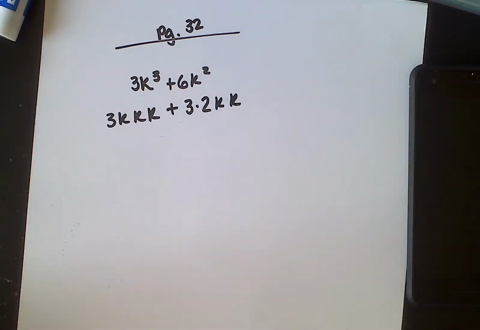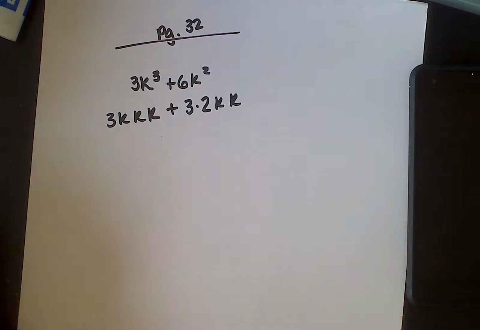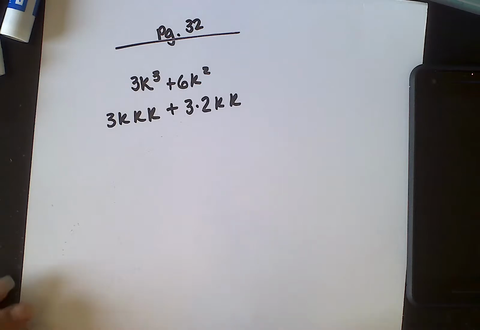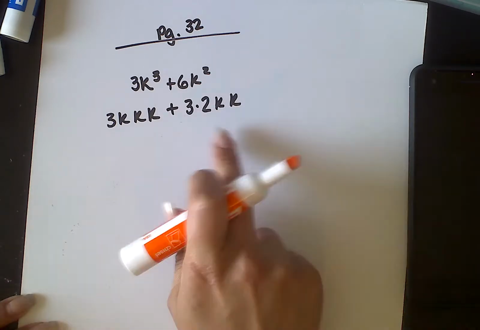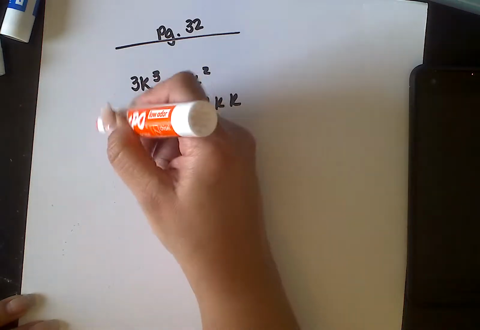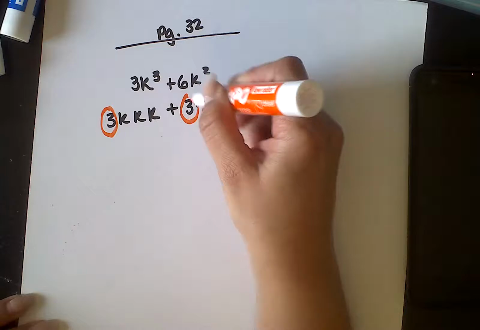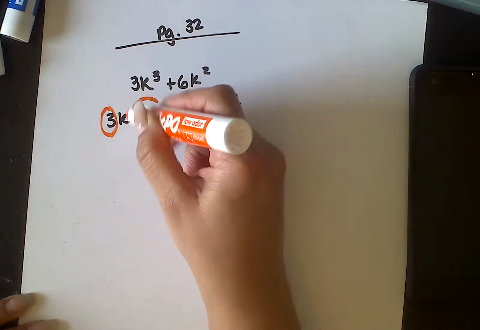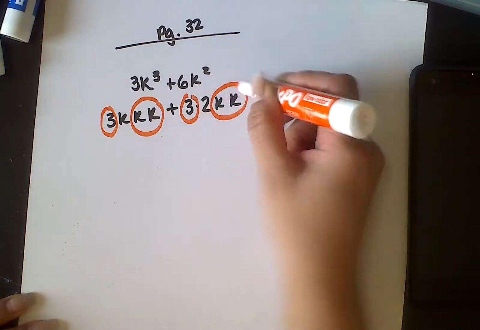Now, in AA.1, we were trying to find the GCF. So that means everything that they had in common. So I'm going to take my orange marker here, and I'm going to highlight whatever they had in common, these two monomials. So this is a binomial. Now, in here, I notice that they both have a 3, and they both have 2 k's.